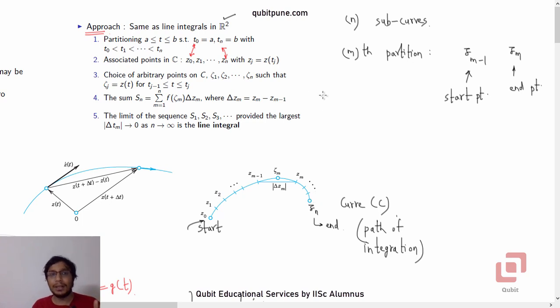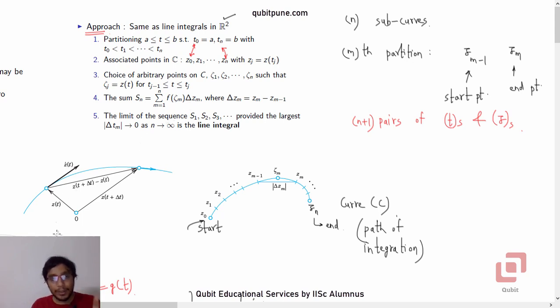So we will now get n plus 1 pairs of t's and z's: z from z0 to zn, and the parameter values from t0 to tn. Note that the parameter is real, with least value being a and the greatest value being b.